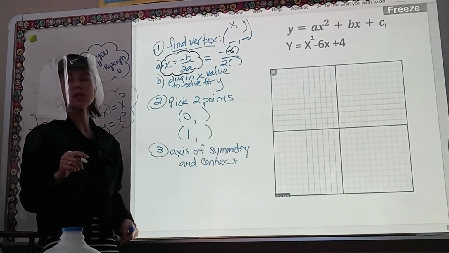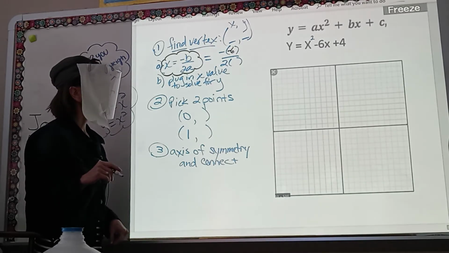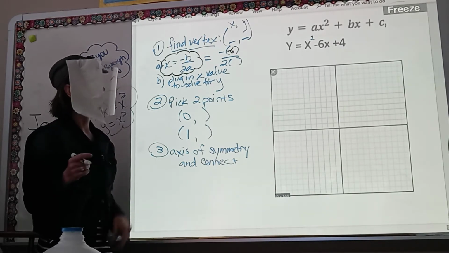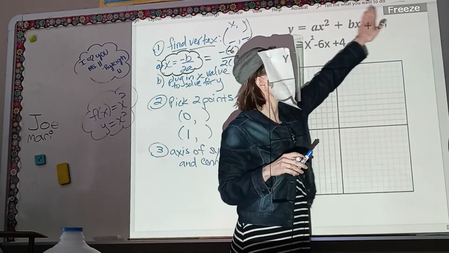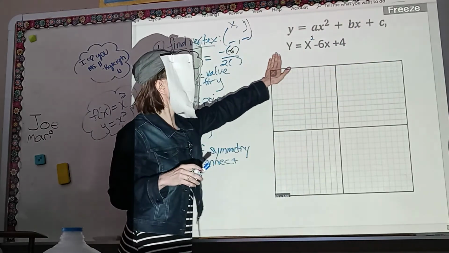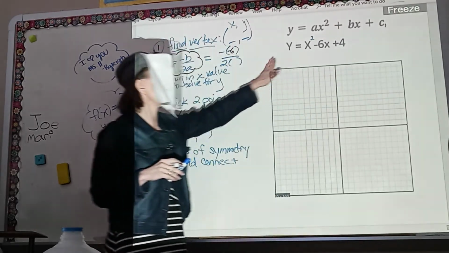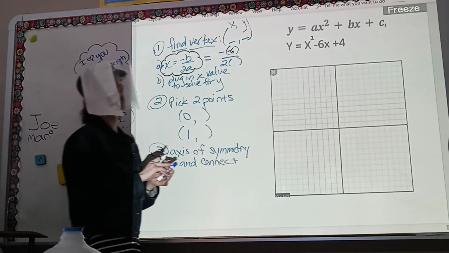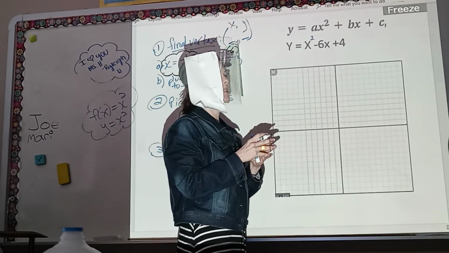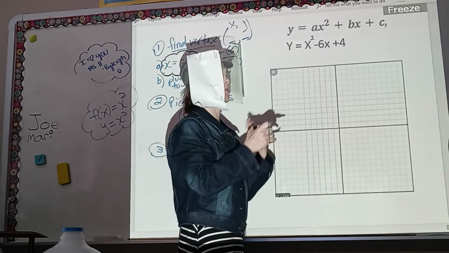And then what is our a term, guys? Remember, it's our a term, b term, and c term. So look at the quadratic we're graphing here. What is the a term? Even though it's not there, when I ask you for the a, b, or c term, I'm asking for the number.